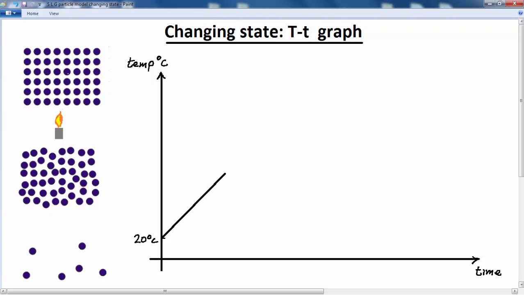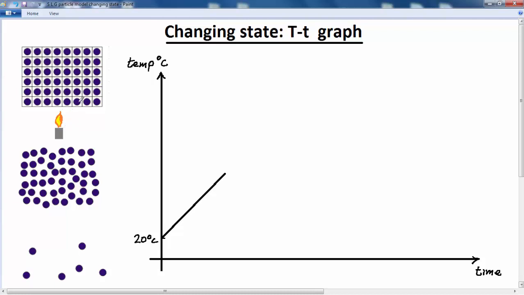Now we remember from the last lesson we can liken the conditions inside a solid lattice to a kind of high security prison, where you've got prisoners trapped in cells. They can vibrate around within those cells, but they can't escape the cells.